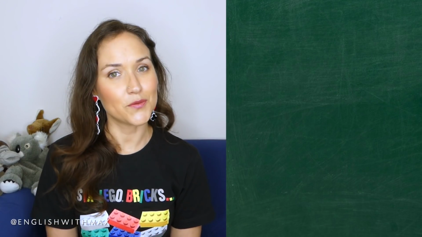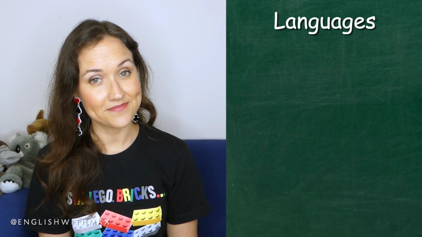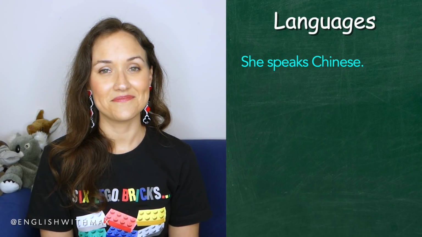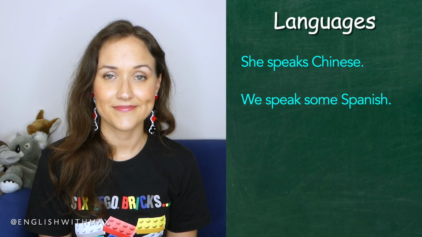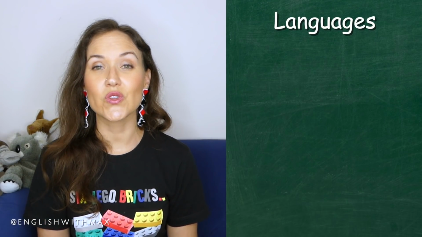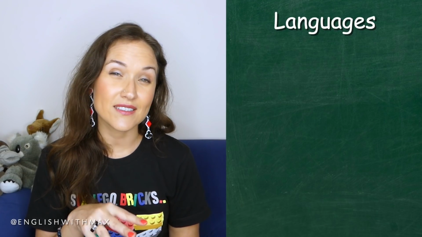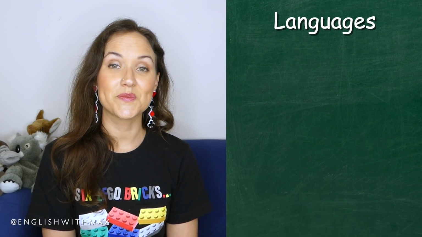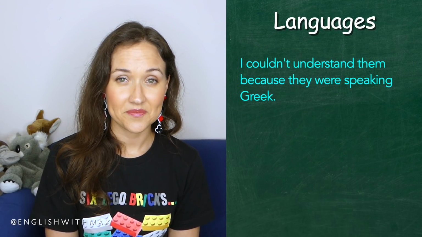Just a couple more points before we finish. To talk about languages, we use speak. For example, she speaks Chinese. We speak some Spanish. How many languages do you speak? The exception to that rule is if you're talking about the language that people are using in a specific situation. Then you have a few options. For example, I couldn't understand them because they were speaking Greek.